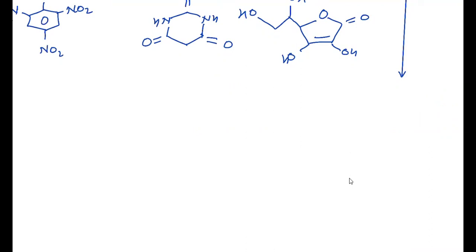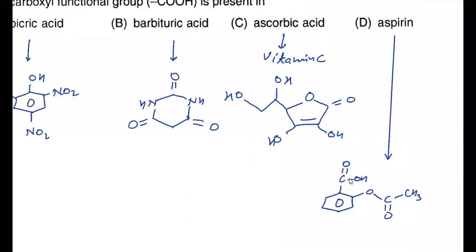So it contains a carboxylic acid group and an acetyl group. When salicylic acid is treated with CH3COCl, it converts to acetyl salicylic acid, aspirin. So this contains your carboxylic acid group. So as per our given options, your answer must be B.